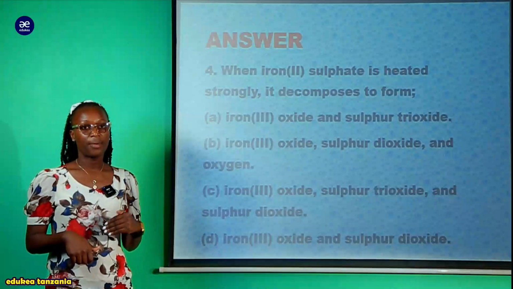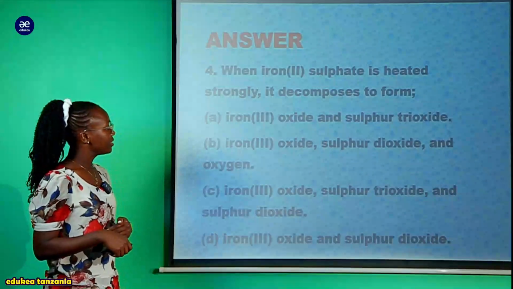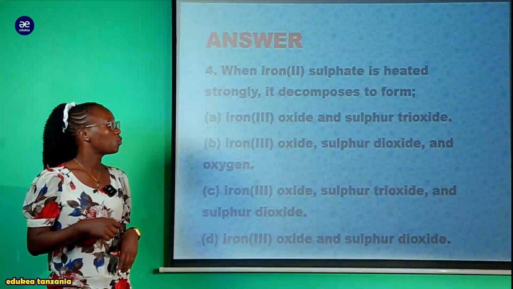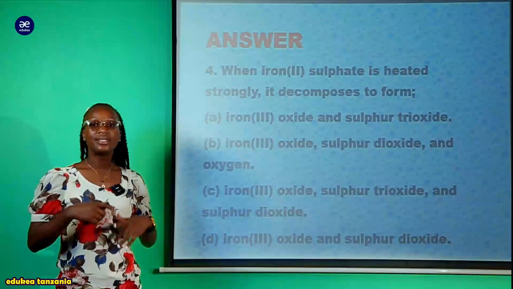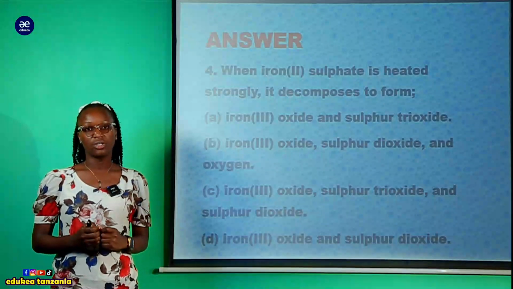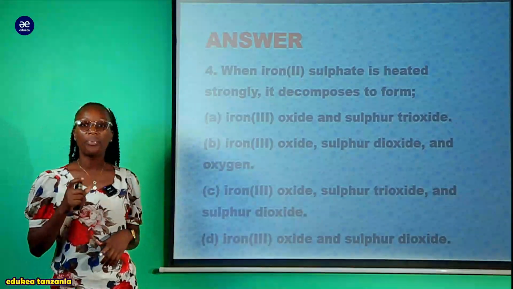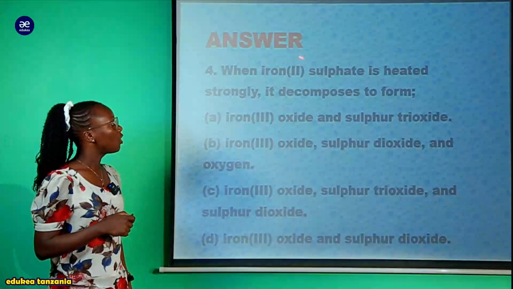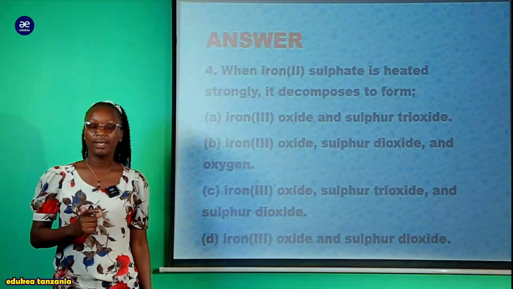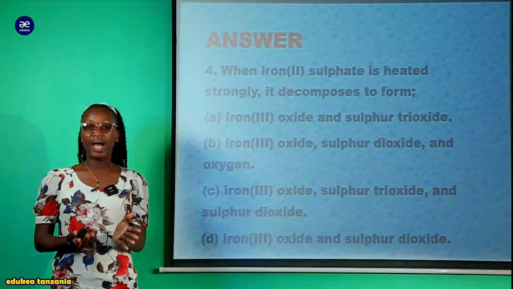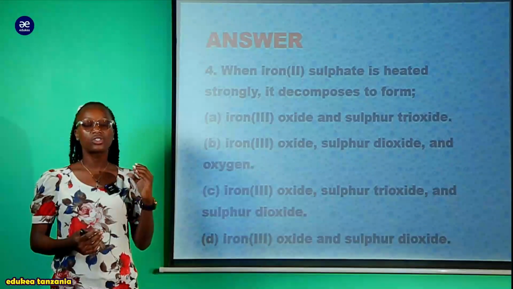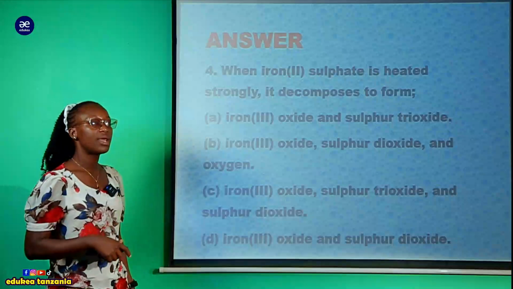It has given you alternatives. It tells you that once iron 2 sulfate is heated strongly, it decomposes to form what? This is the decomposition reaction of this sulfate compound. Since it is heated strongly, it undergoes decomposition, meaning it breaks down from its compound under the condition of heat. And it says strongly, so what products are we going to get?